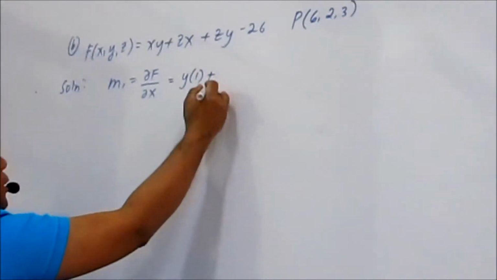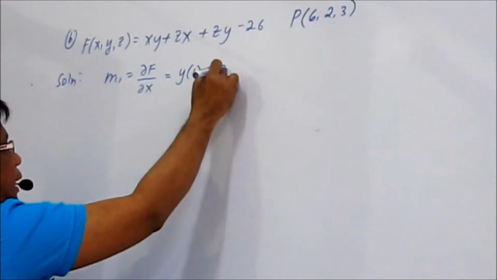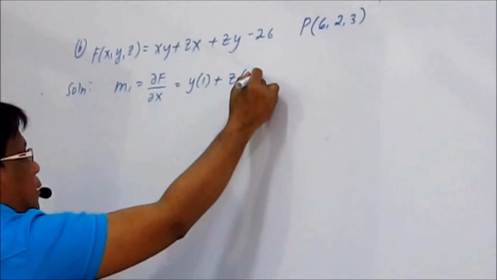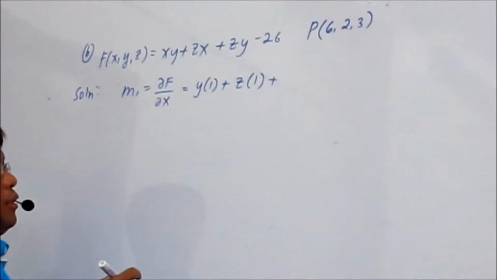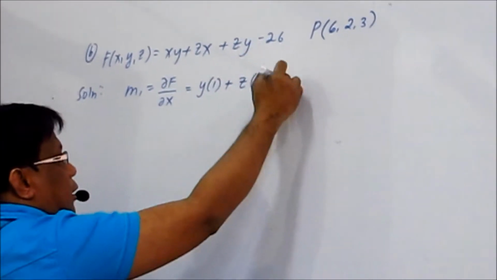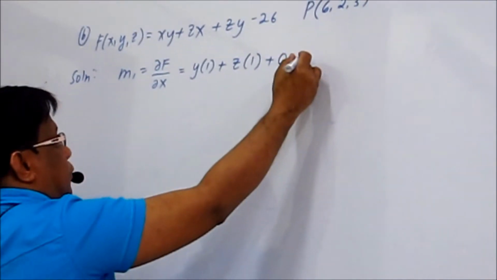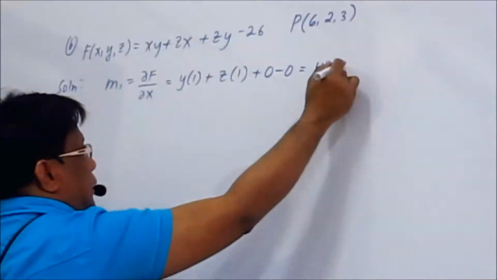What about zx? Copy the constant term, which is z, then differentiate x with respect to x, which is again equal to 1. Then plus, what about zy? Since they are considered constants, the derivative will be 0. Likewise for negative 26. So therefore, you rewrite this now as y plus z.